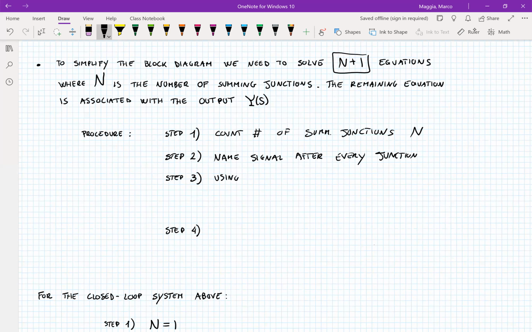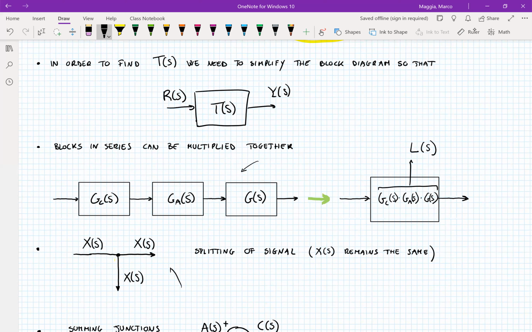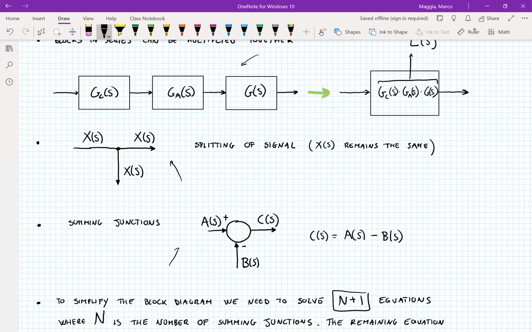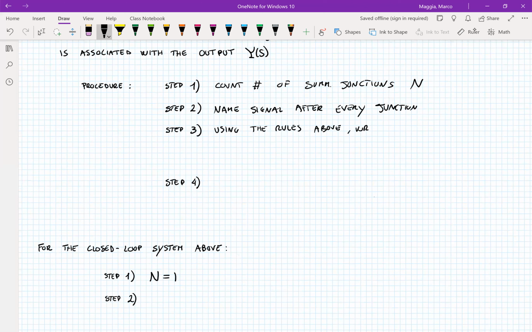Using the rules above, 1 through 3, blocks in series, splitting, and summing junctions, you have to write an expression for every signal found in step 2.